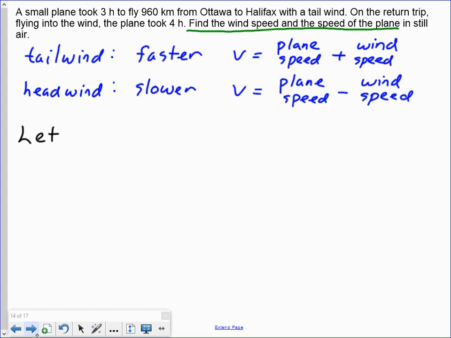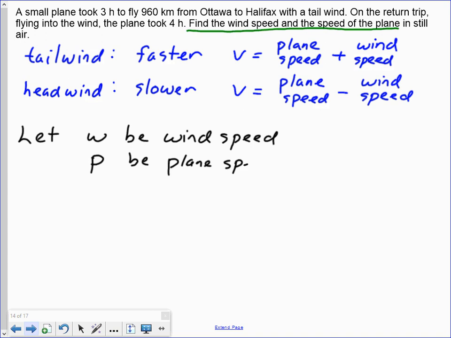Let W be wind speed, and let P be the plane speed in still air. Okay? So these ones here would be P, and these ones here would be W.